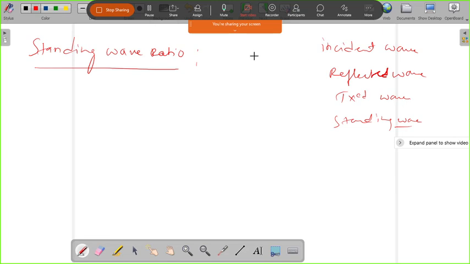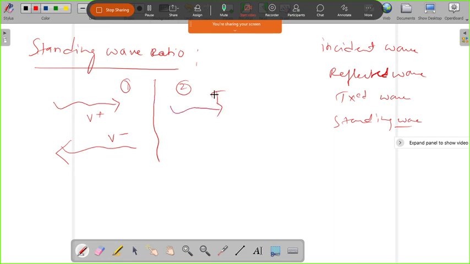So say for example if I have two different media, 1 and 2, whenever we have an incident wave and it hits some disturbance, because of this disturbance some of the waves will get reflected, so that is a reflected wave and this is an incident wave, and partially some wave will get transmitted to the other medium, the second medium.